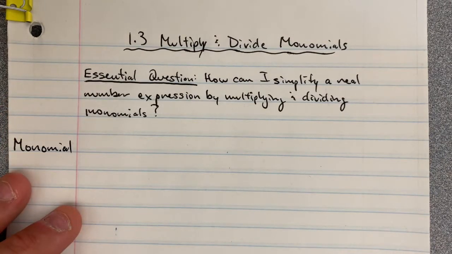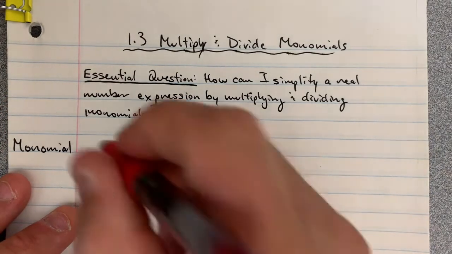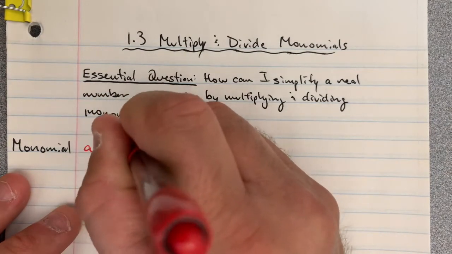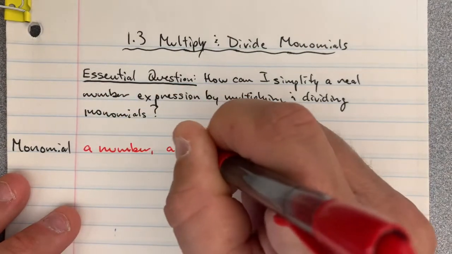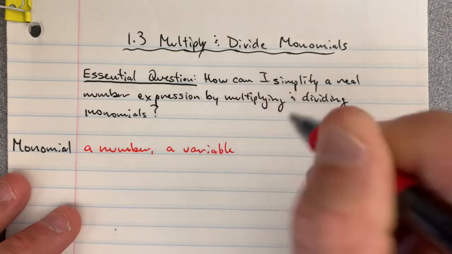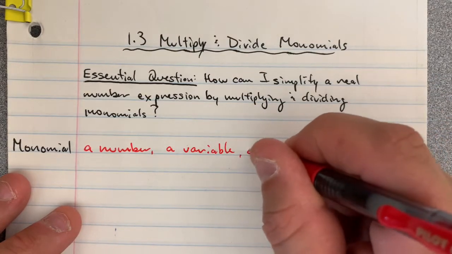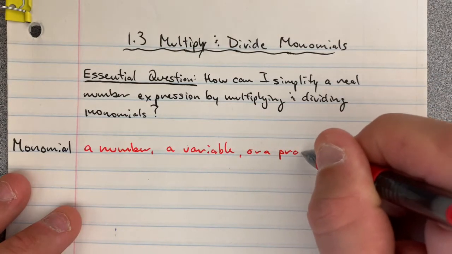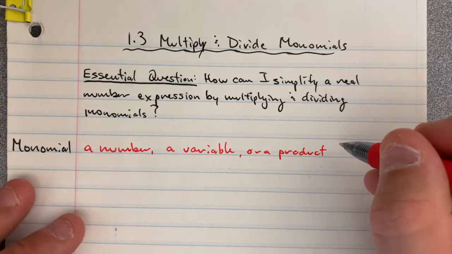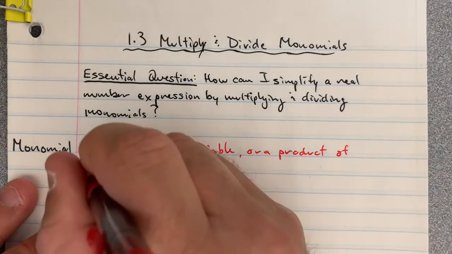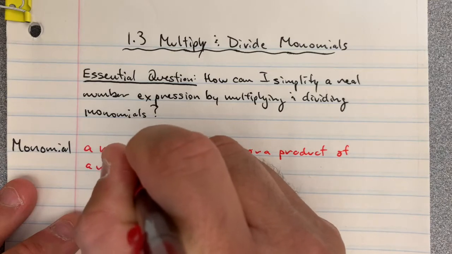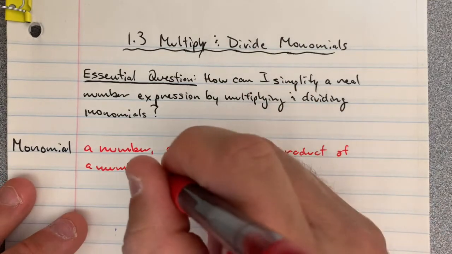All right, it is a number, a variable, or a product of a number and one or more variables.